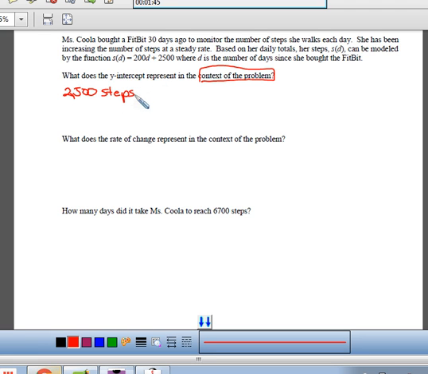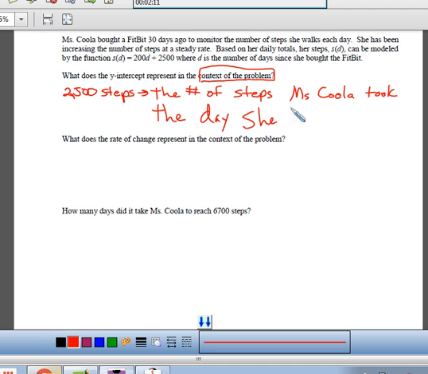The number of steps Miss Kula took on the first day, or the day she bought the Fitbit. Actually, it's more like day 0.